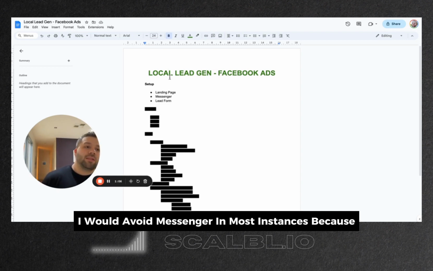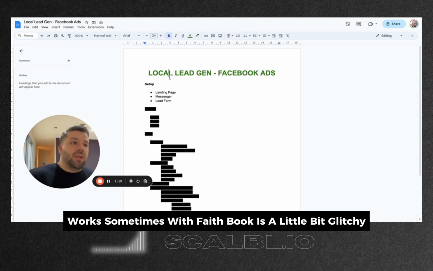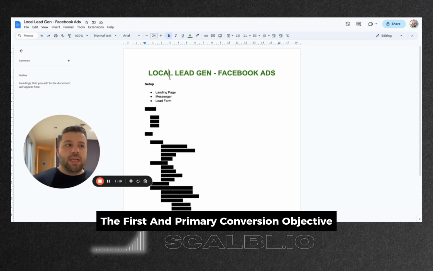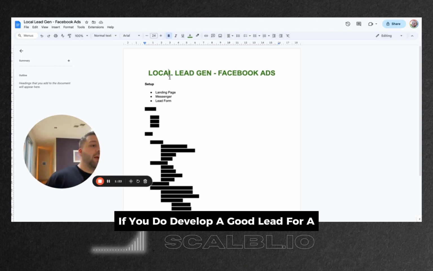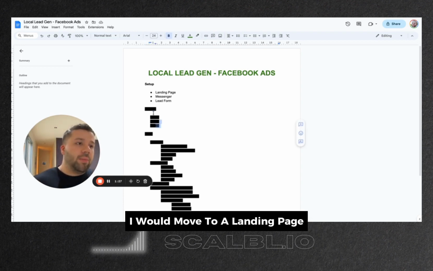I would avoid Messenger in most instances because the way Messenger works with Facebook is sometimes a little bit glitchy. So I would start with lead form as the first and primary conversion objective. Then over time, if you develop a good landing page setup, I would move to a landing page.